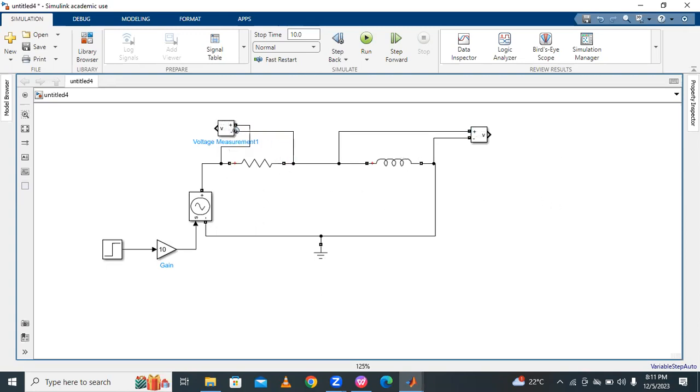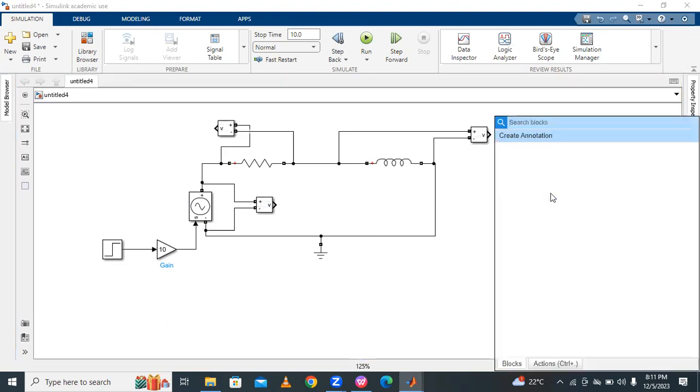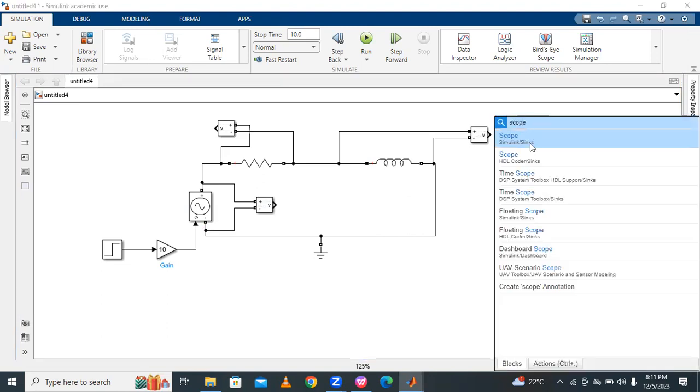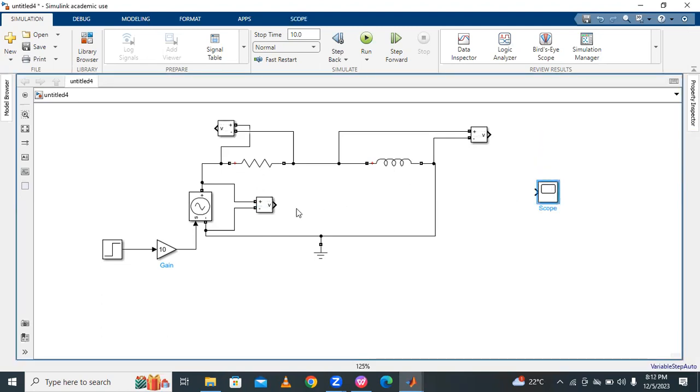Take one scope and also a voltage measurement here on the input side. Okay. Input side is also required. Place here. Understood? So take one scope. How many terminals are required?